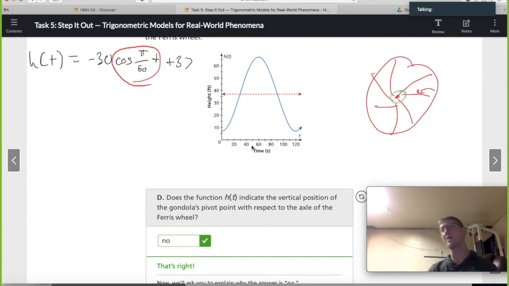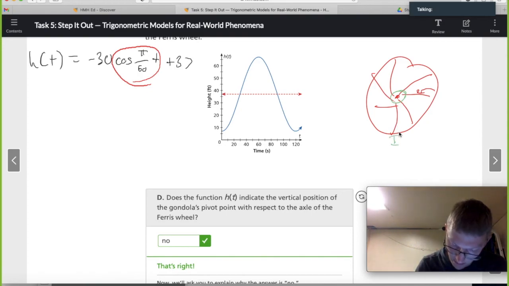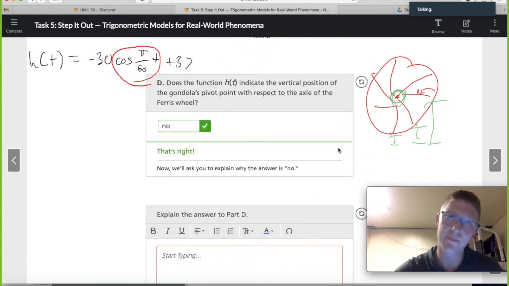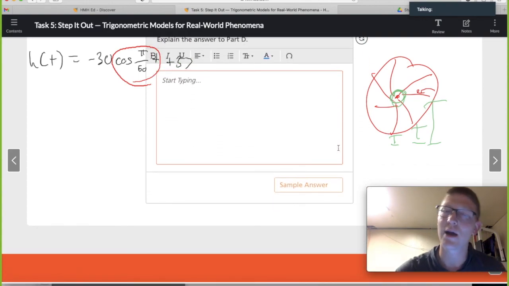We know nothing about that pivot point based on this function. We only know the height. So we only know this value here, this value, this value. We don't know anything about where that value is compared to that center point. That's kind of a weird question, but that's where my thought process is.